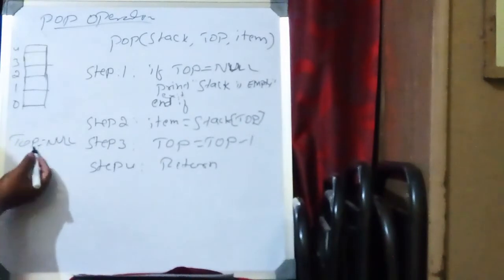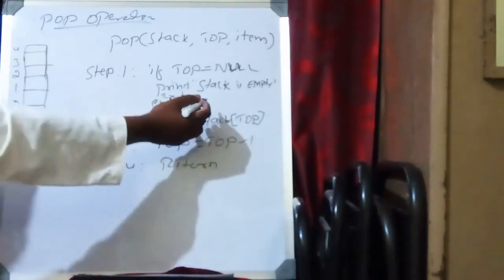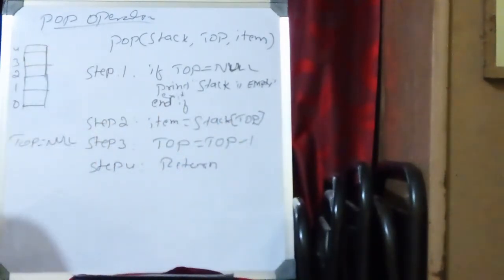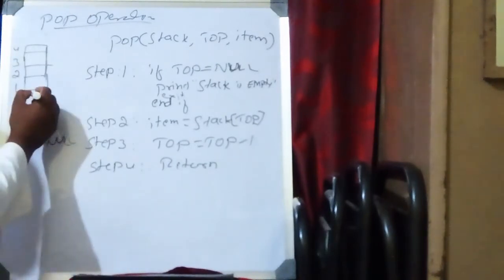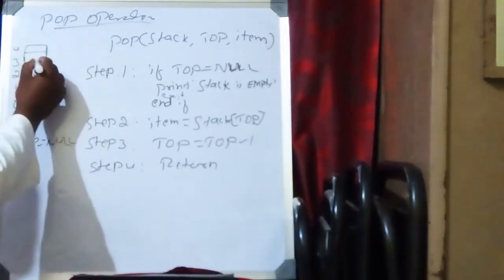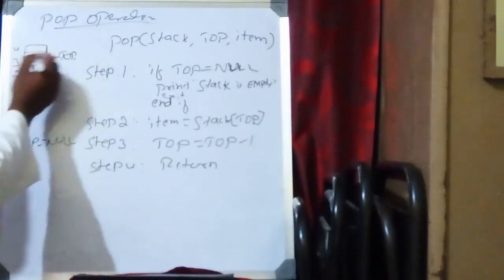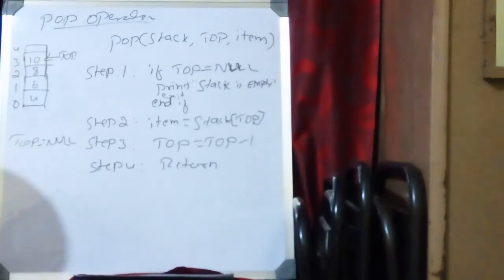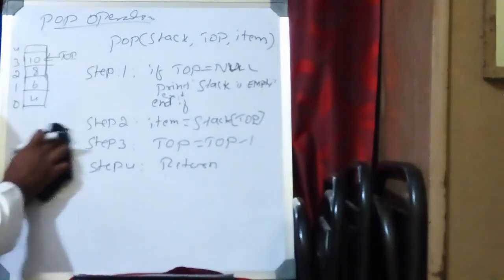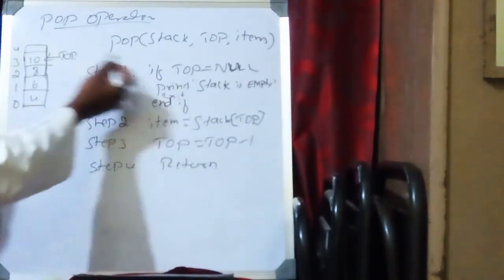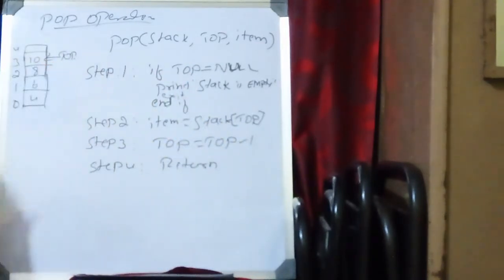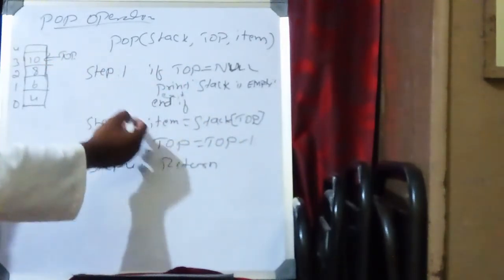It will check top is equal to null, and it will display that no elements are entered till here. If it is not null, for example, the elements are there: 4, 6, 8, 10. These are the elements. Top is nothing but 3 here. If it checks the condition top is equal to null, no, top is 3. The condition is false, so come to the next step.